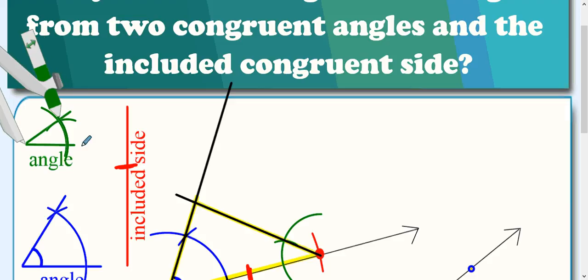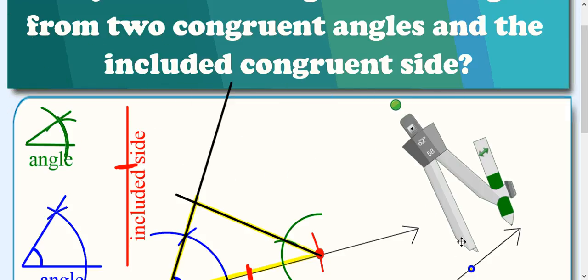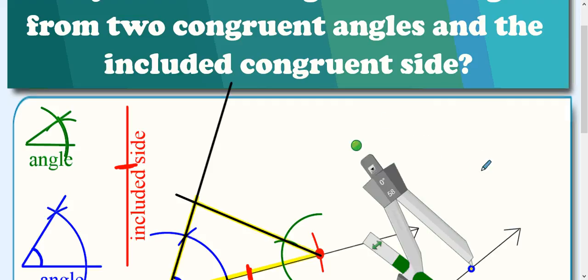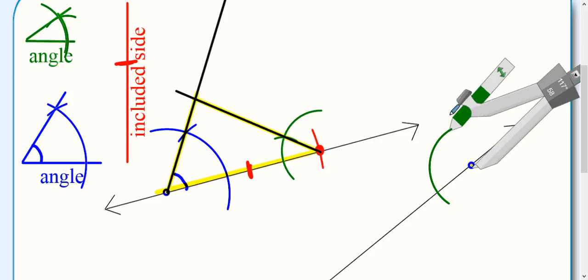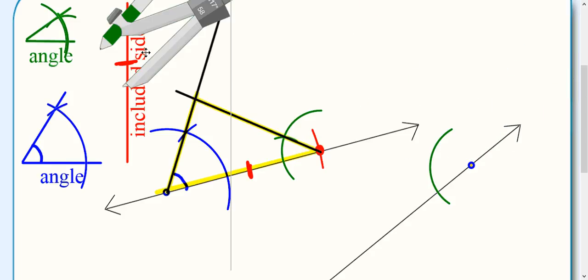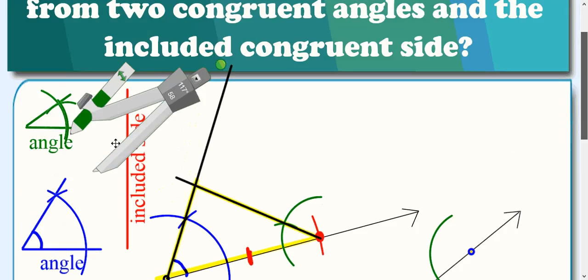So we've got that arc. And then measure the opening.